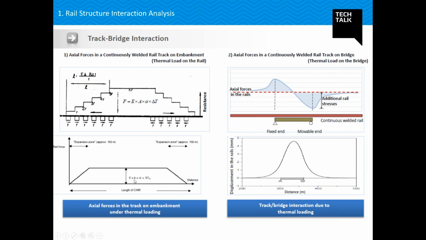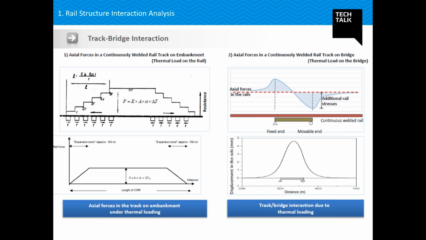Now, if you see this figure, it shows how the force accumulation takes place due to thermal load. As I told you, this is the total length of my continuous welded rail, and at this location and this location, I have provided an expansion joint or a rail joint.